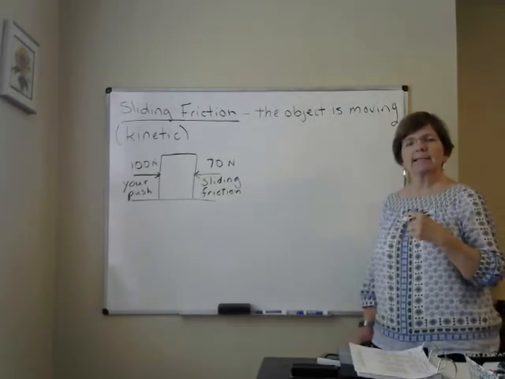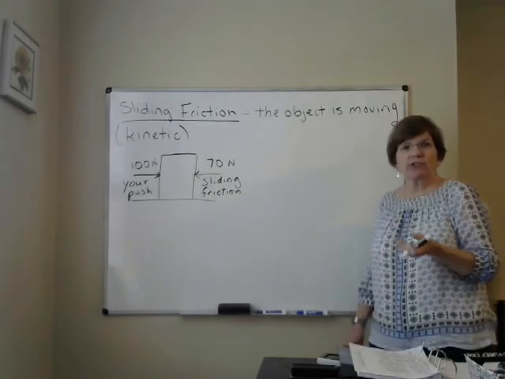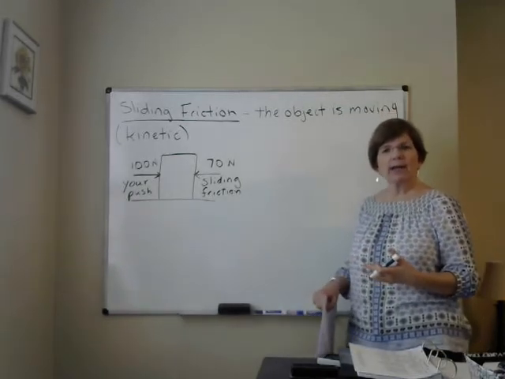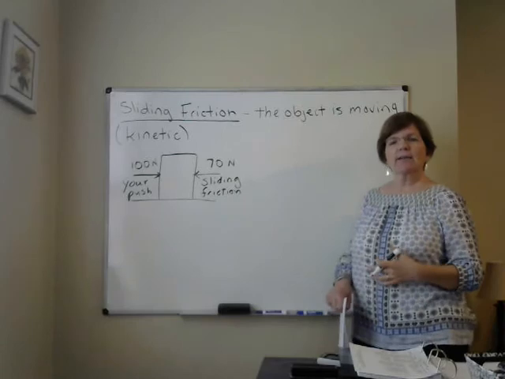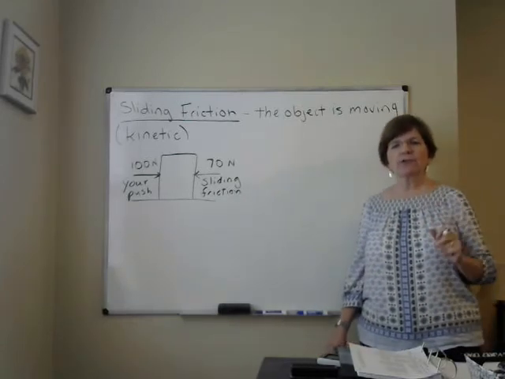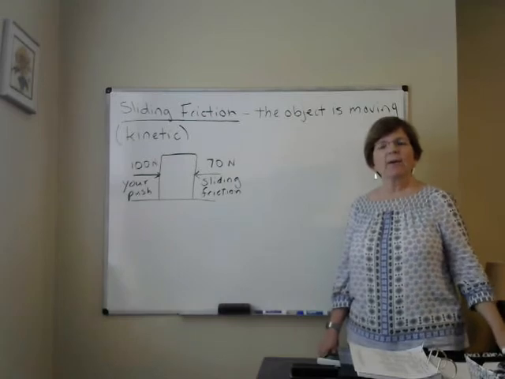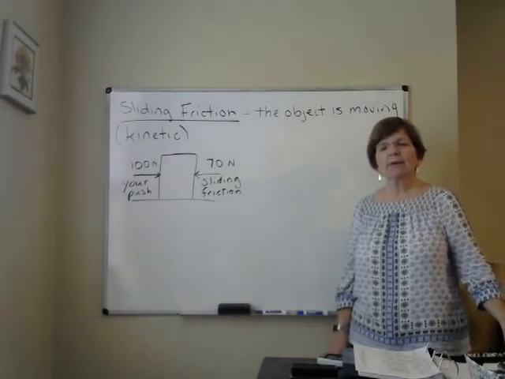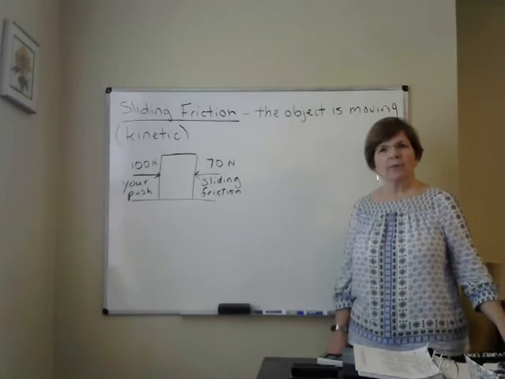Normally the maximum value of static friction, which in this case I just picked to be 100, is normally greater than sliding friction. And I'm sure you've had that experience where you tried to push a heavy piece of furniture, a couch or a bed, and once you got it in motion, it was easy enough to keep it in motion. The hard part was getting it started.